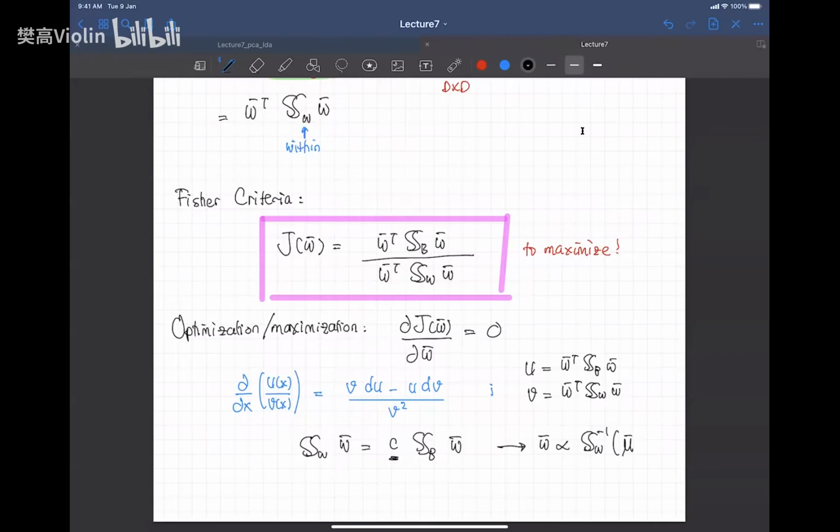So we will know the direction of the projection, because we know the relative value of W. We do not know the correct magnitude of W, but we know the direction. In other words, if we use this as a unit vector, then we will know the direction of the projection.